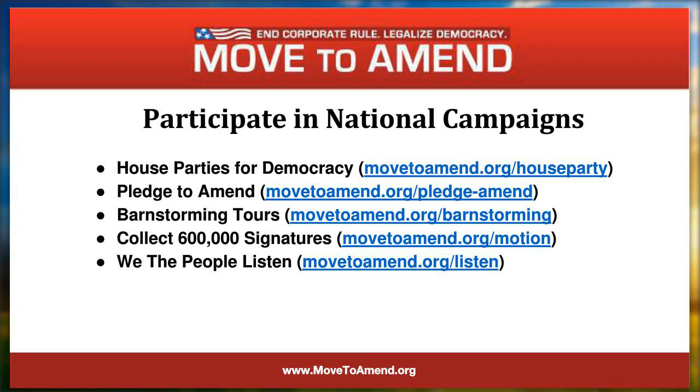Just to recap, all of these are just a taste of the national campaigns that we're doing. There are also other campaigns and events you'll want to keep an eye out for, and you can visit us at movetomend.org to keep track of them.